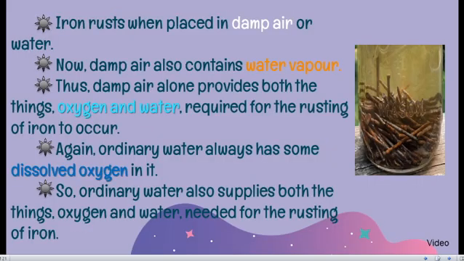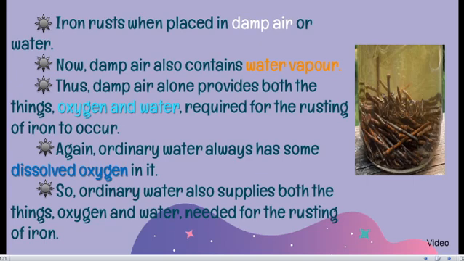Iron rusts when placed in damp air or water. As I already said, iron gets rusted in the presence of damp air or when kept in water. Damp air contains water vapor, as well as oxygen, which is also present in air.